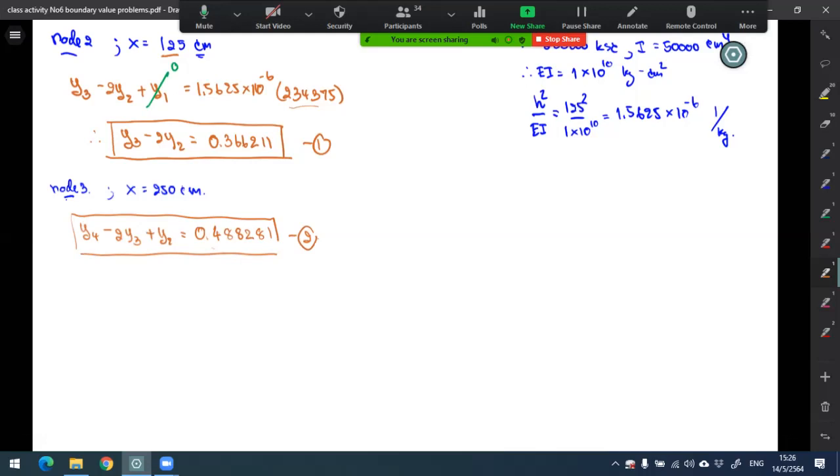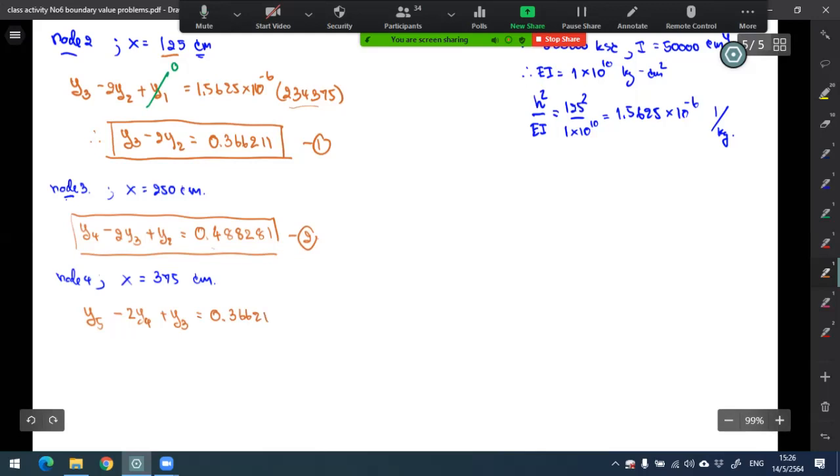After that, finally, we have node 4. For node number 4, x equal to 375 centimeter, right? Then we have y5 minus 2y4 plus y3 equal to 0.366211.